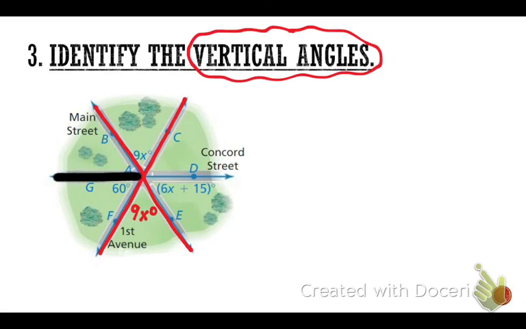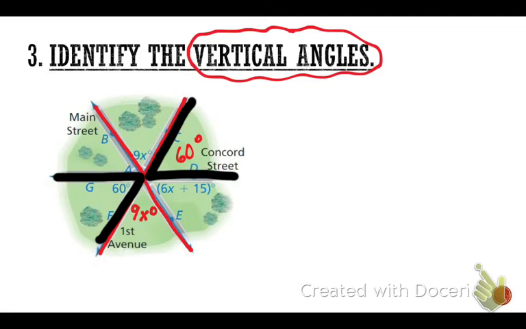I'm going to look at this one right here. Guys, how many degrees is that one? You can see right there, it says 60 degrees. So guess which one is also going to be 60 degrees? This right here. So I want you to take your red pen and label it 60 degrees.